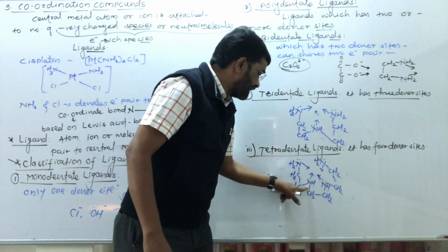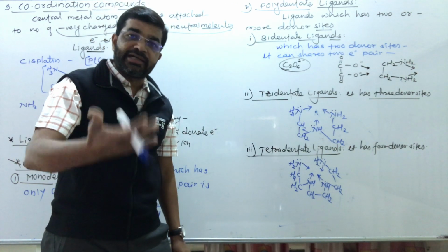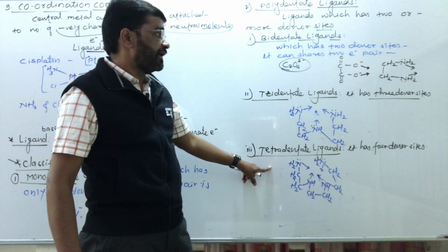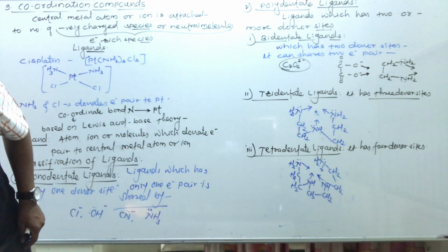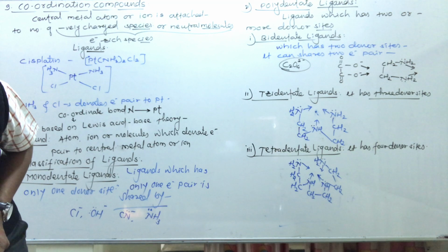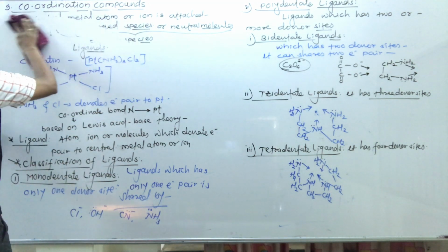The name of this structure is triethylene tetraamine, so it is a tetradentate ligand. A tetradentate ligand is a ligand which has 4 donor sites.